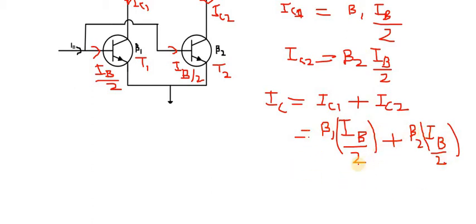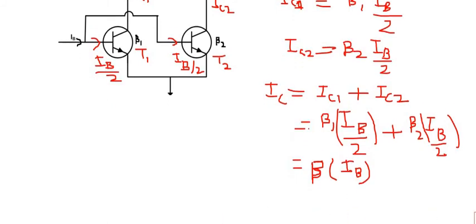Beta 1 and beta 2 are given equal, and that is equal to 50. Or if you have doubt, you can write beta 1 is equal to beta 2 is equal to beta, and if I take beta common, this will become IB, and beta is given as 50.